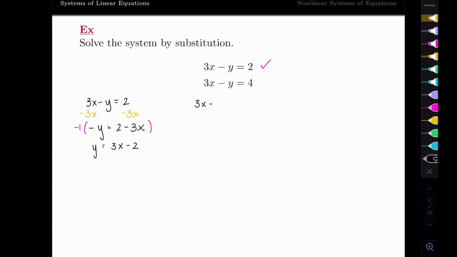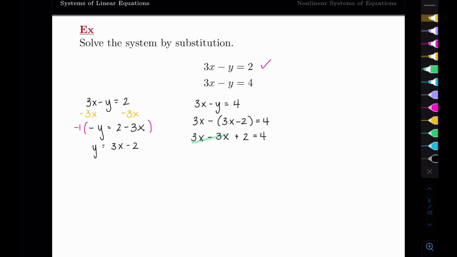So from our second equation, we know that this also must be true. And we just figured out that y is 3x minus 2. So I result in an equation only involving x that I now can solve. So if we distribute that minus sign, that's minus 3x plus 2 equals 4.